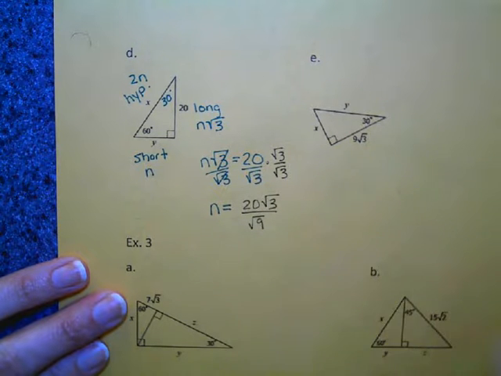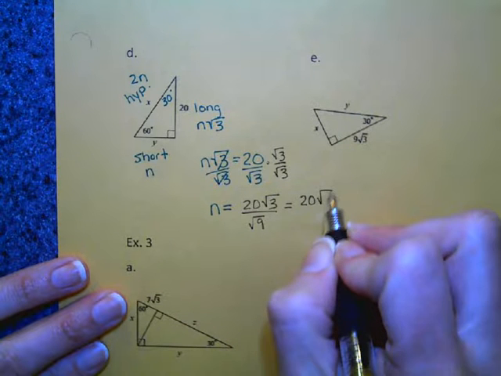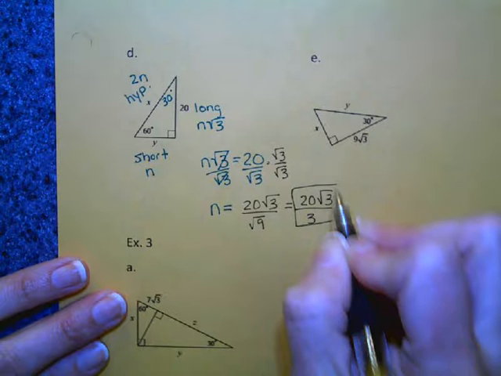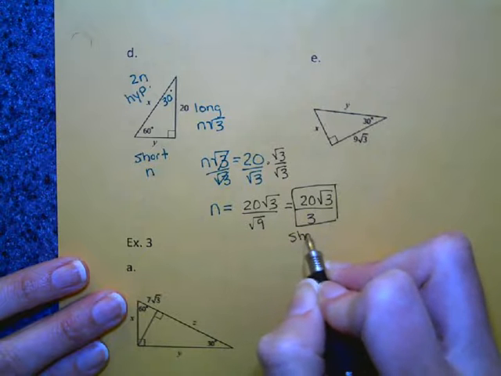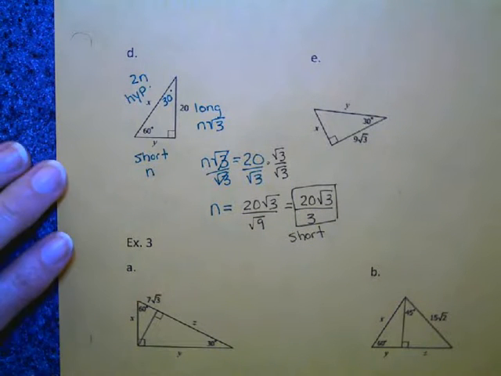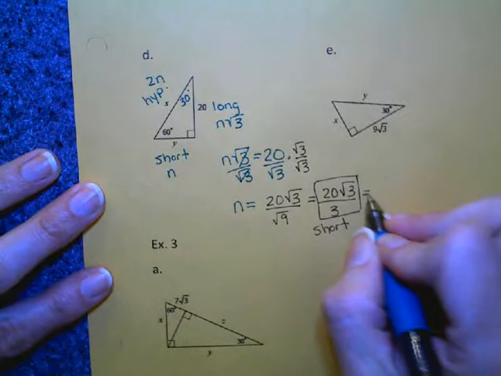Well, the square root of 9 is 3. So I have 20 square root of 3 over 3. This represents the short leg of this triangle. So the short leg was the y. So in this case I'll say that's my y answer.